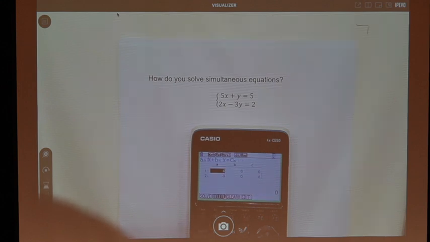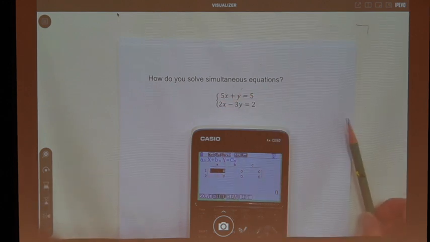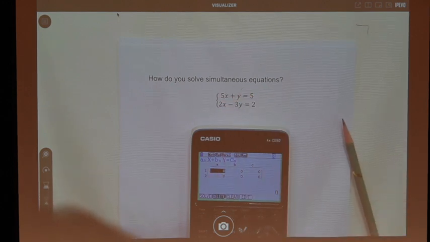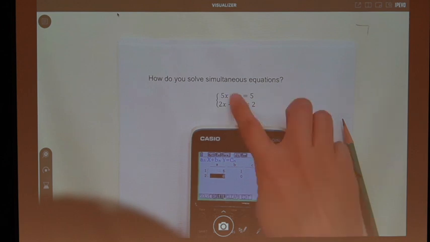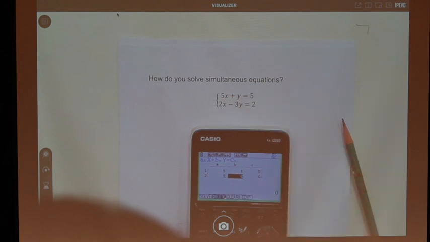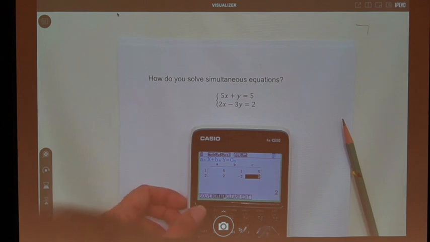I have 2 unknowns, x and y, and I have to enter it in the format x, y, and then equals a constant. Yes, it's just a calculator, you have to fit what it wants. So I have 5, 1, and 5, and 2, -3, and 2. After that you can press EXE or Solve, either one, and you get the answer x and y.